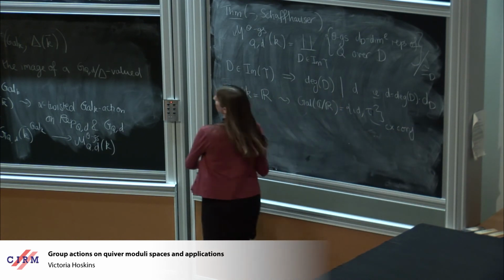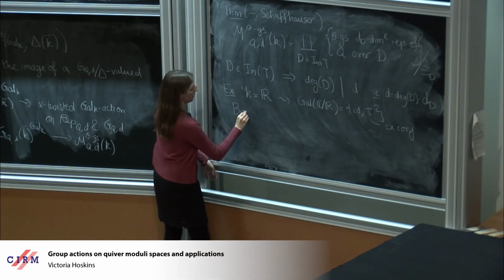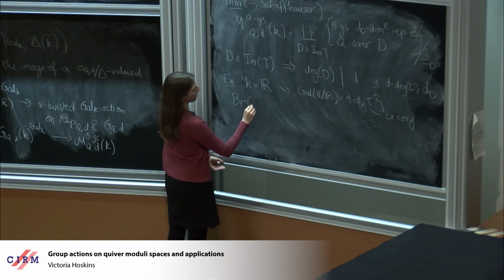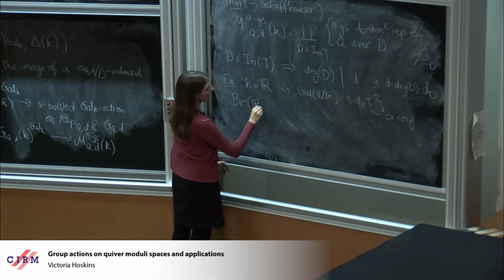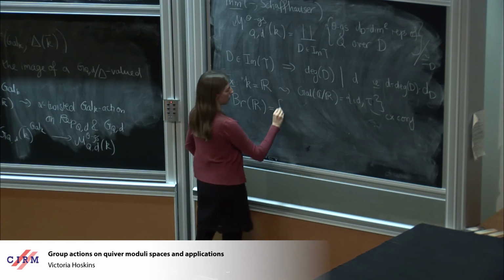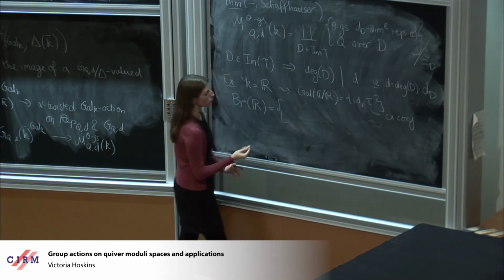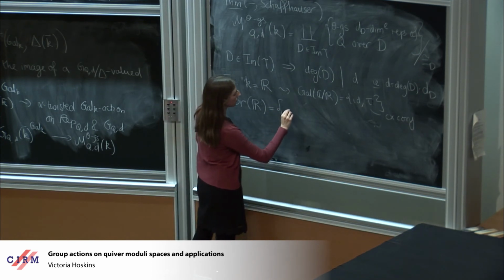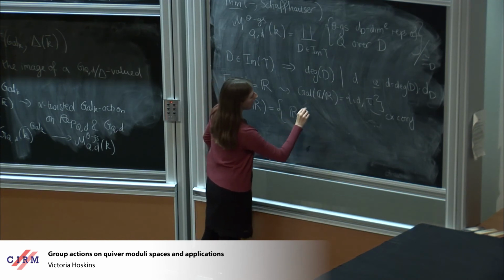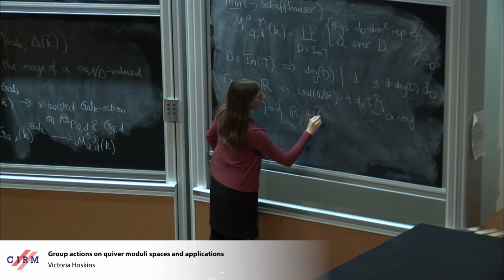And the Brauer group of R is, there are just two division algebras which are central over R. The reals and the quaternions.